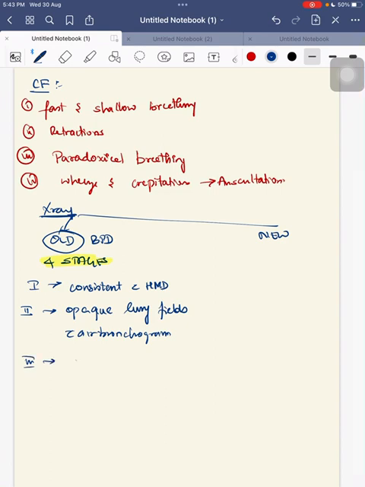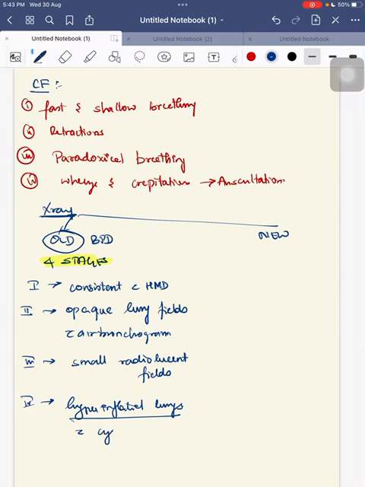Third, the child will have small radiolucent fields. Fourth, the child will have hyperinflated lungs with generalized cystic areas and fibrotic strands.